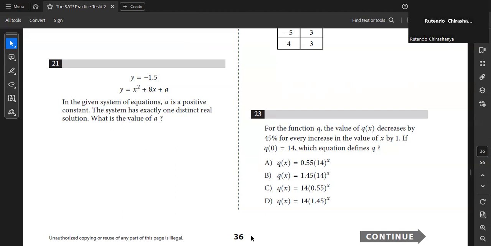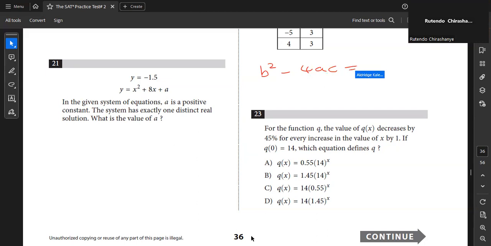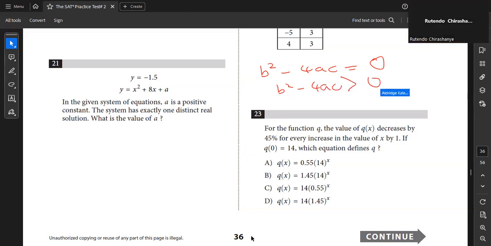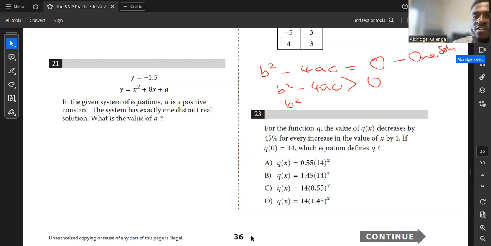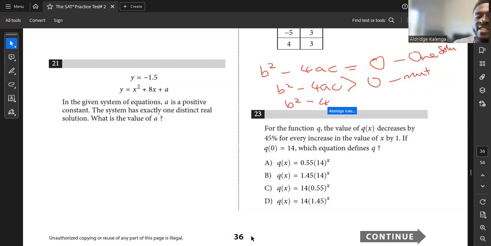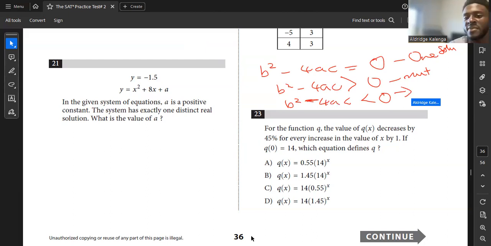Just in case anyone doesn't understand why we're using b squared minus 4ac, this is called the discriminant. And what it means is that when this is equal to 0, we only have one solution. What does it mean when it's greater than 0? More than 2 solutions. And what does it mean when it's less than 0? When it's less than 0, there are no real solutions.